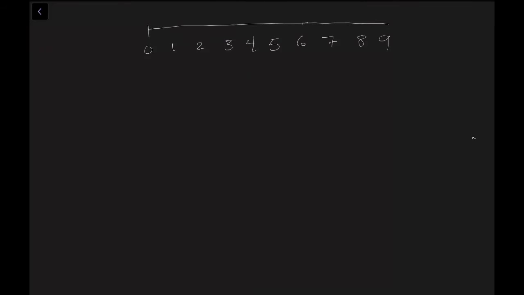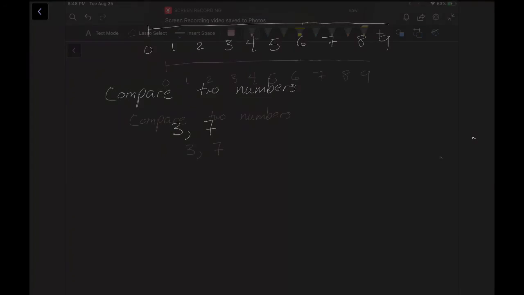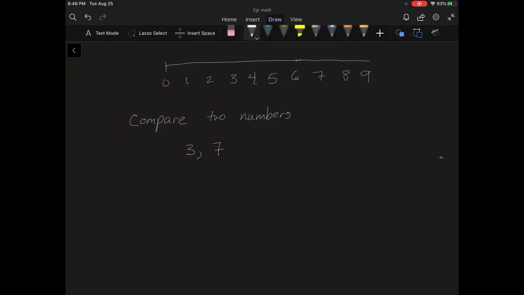So if we want to compare two numbers, say 3 and 7, where do we start? Well, we start by looking at where 3 is. So let's color these guys.